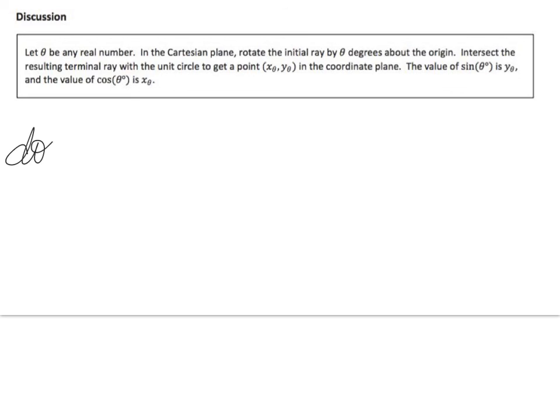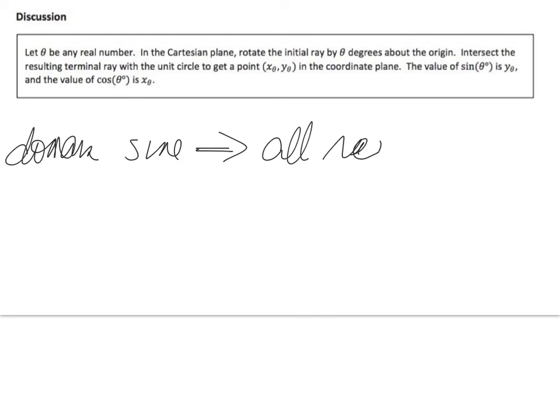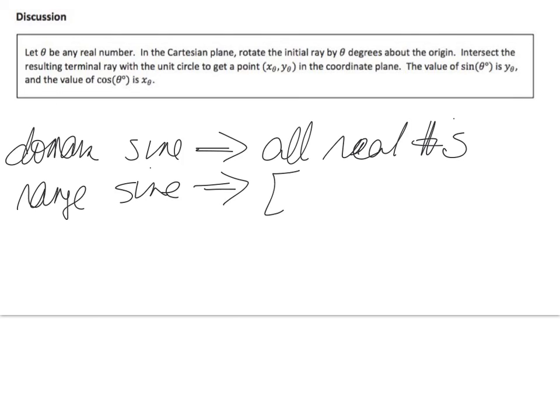Let's see, what else can I tell you? The domain of the sine function is going to be all real numbers. The range of the sine function is the y values, negative 1 to 1.